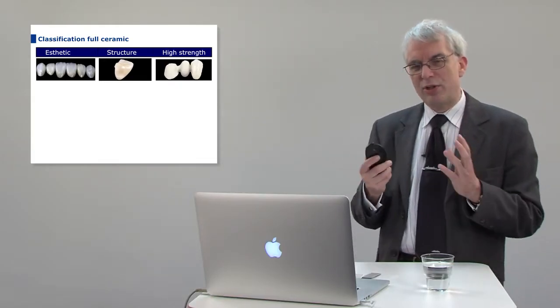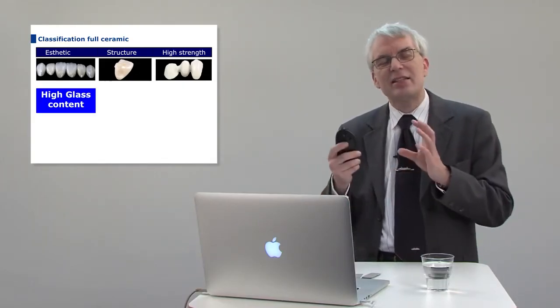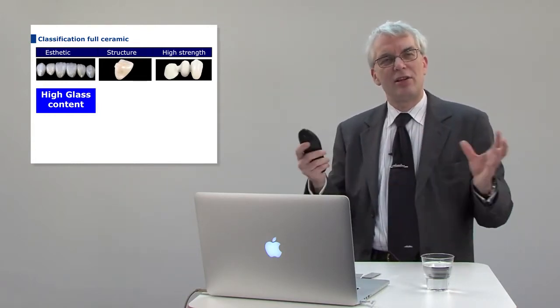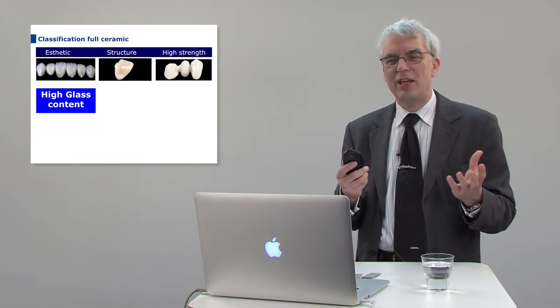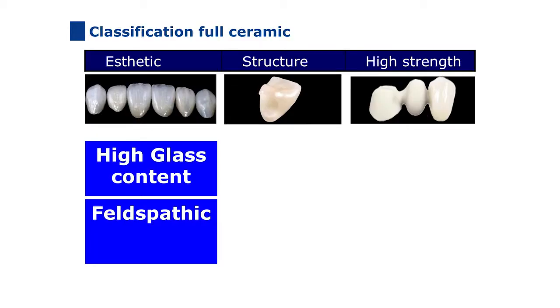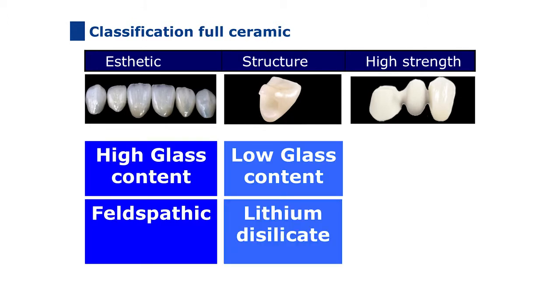And in order to allow you a little bit of insight into ceramics, let me classify these basically into three groups. So there's aesthetic ceramics, and these aesthetic ceramics have a high glass content. The usual thing is feldspathic or leucite reinforced ceramics. The next group is the structural ones, and these have a lower glass content, and lithium disilicate is the thing here.